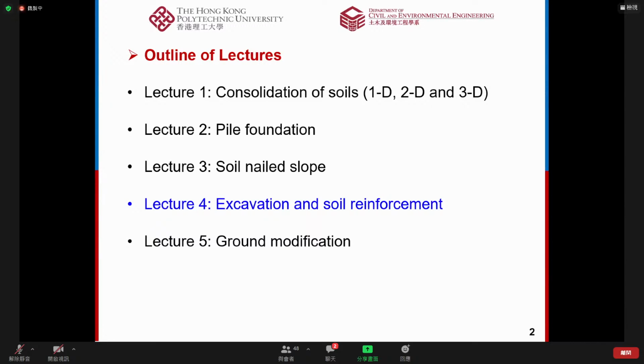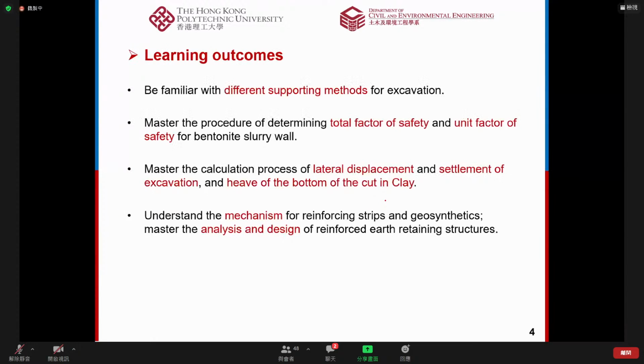So lecture 4, we cover 2 parts, which are excavation and soil reinforcement. In this slide, you will learn different supporting methods for excavation. You will learn how to calculate the total factor of safety and how to calculate the unit factor of safety for bentonite slurry wall.